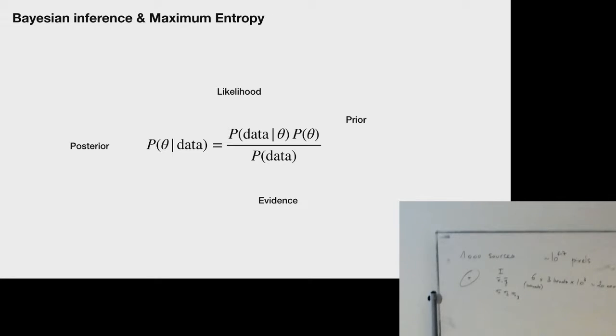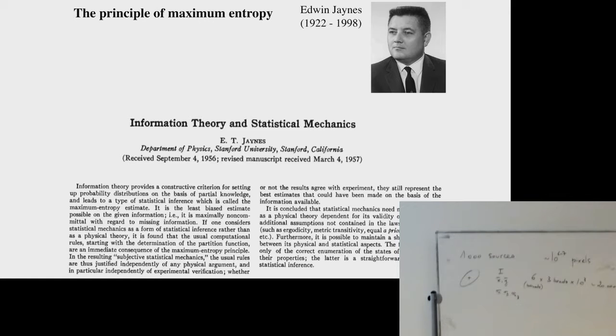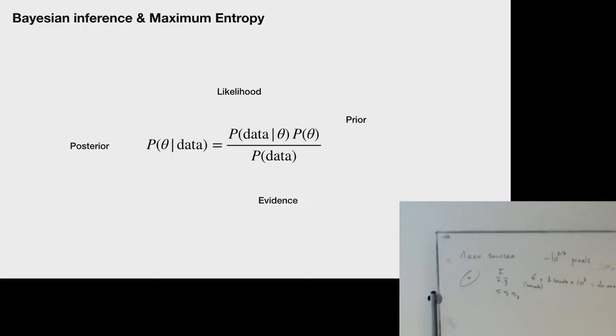So it's not as mysterious as it might sound. Then, what we can do is to use this maximum entropy principle to derive many of the distributions that are important in statistics.